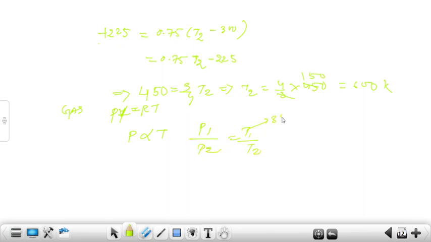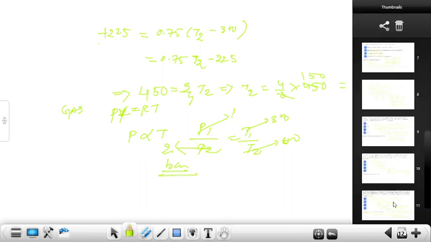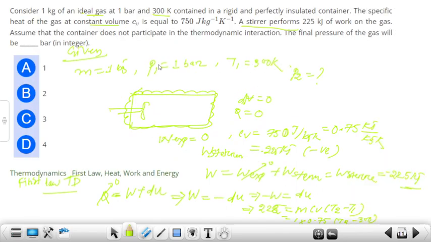Given T1 is 300, T2 is 600, P1 is 1 bar, and we have to find P2. T2 is 2 times the temperature T1, that means 600. So the pressure is 2 times, that means 2 bar. So the final pressure is 2 bar, and B is the correct answer.